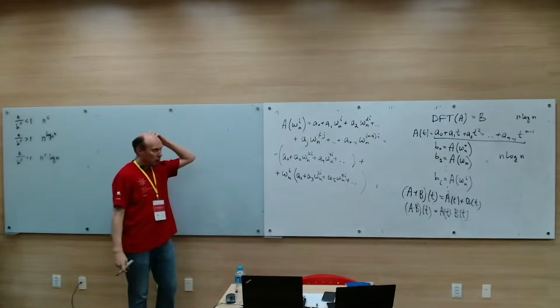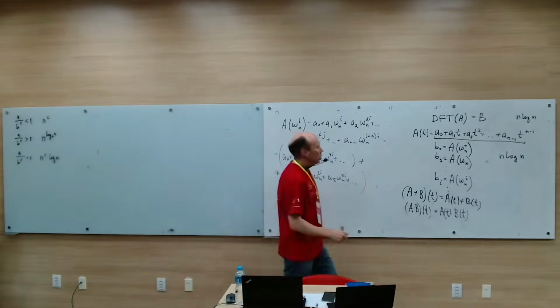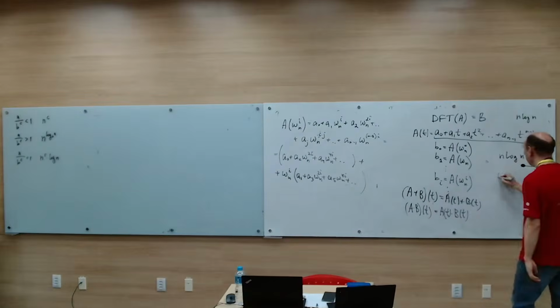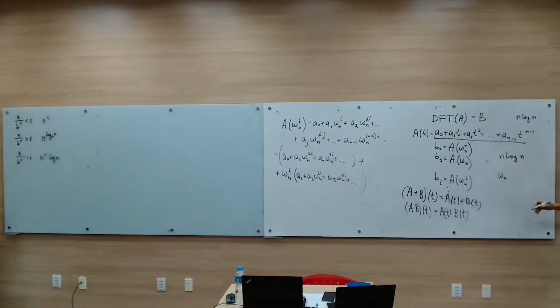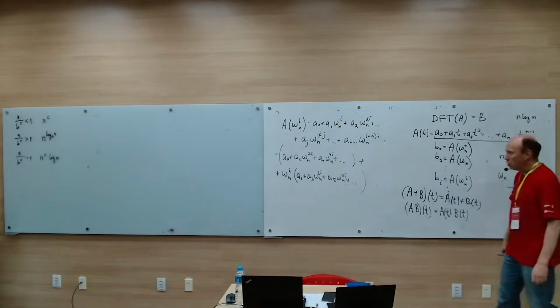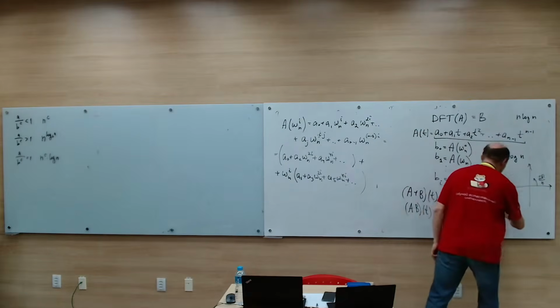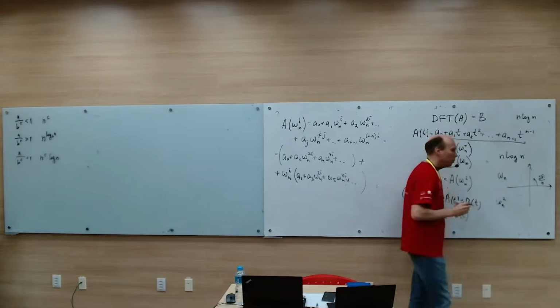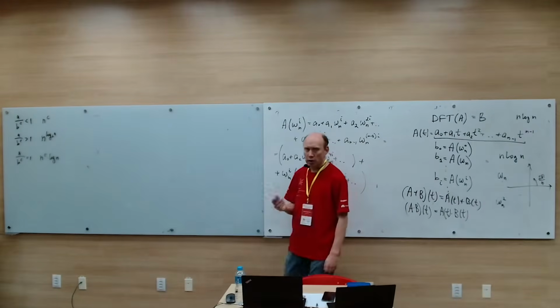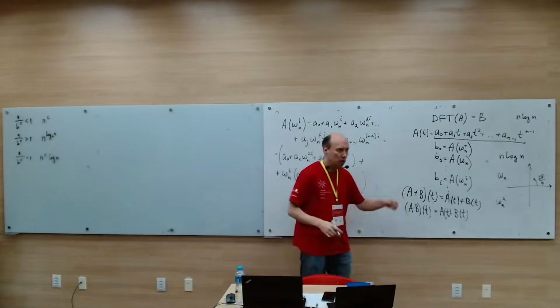Now, if we remember what omega n is, we make that rotation of 2π divided by n. What is omega n squared? Remember that for complex numbers it works like doubling the angle.